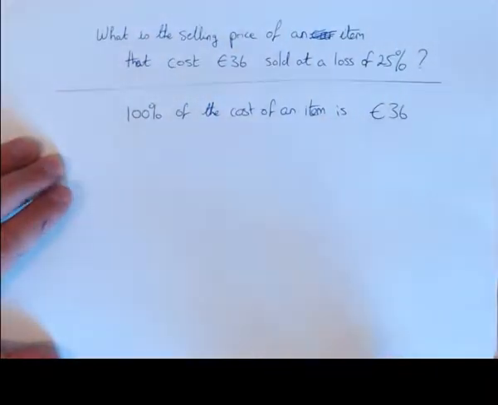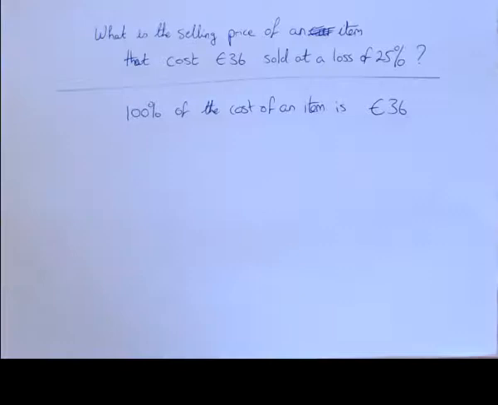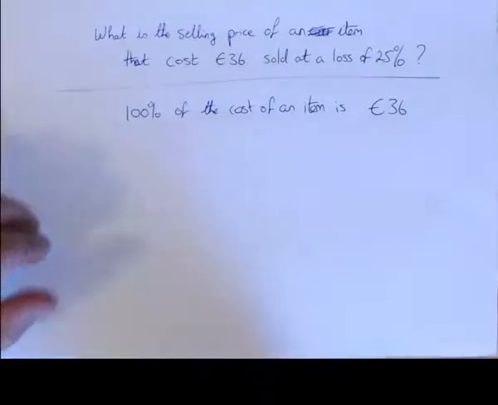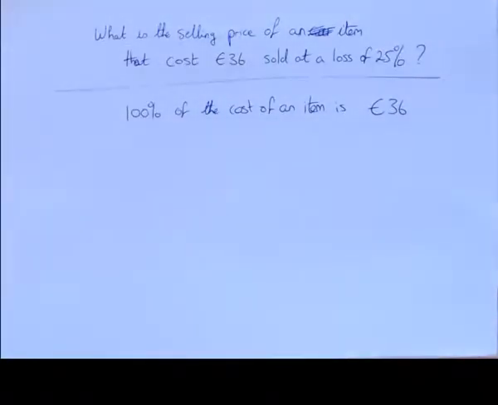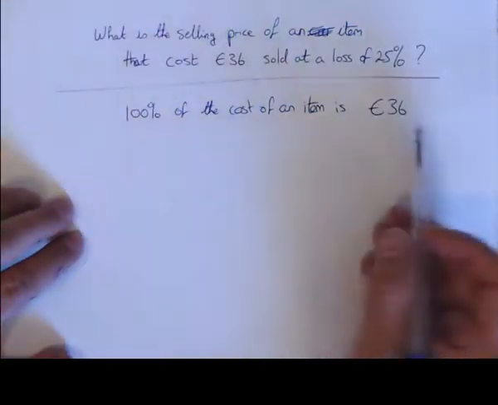So we're told what the original cost is, which is different to what you were doing yesterday. This is just normal percentages again, and the reason we're doing this today is we want to look at a direct method instead of the unitary method.